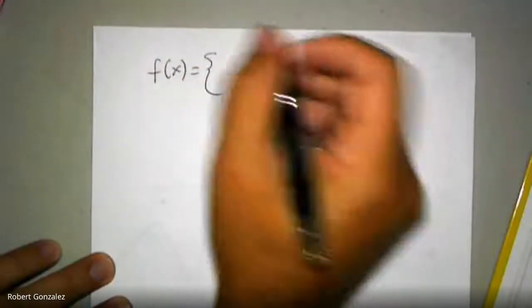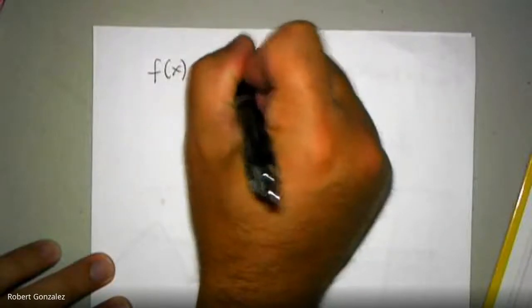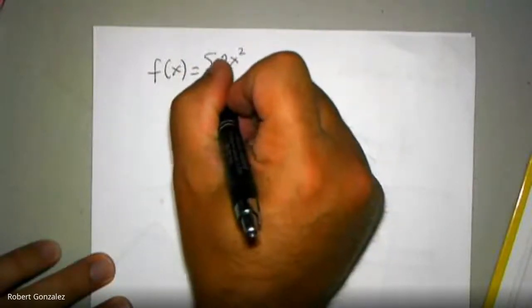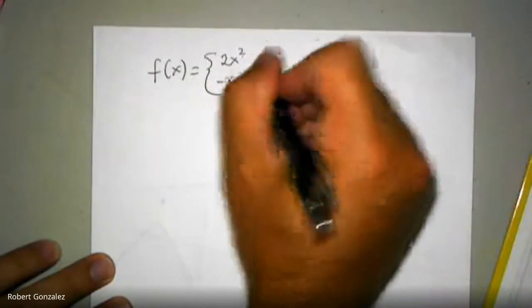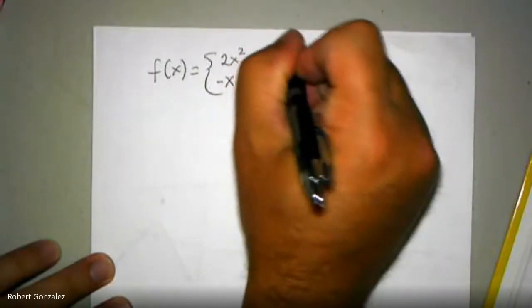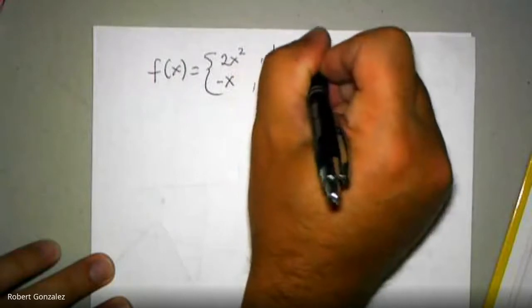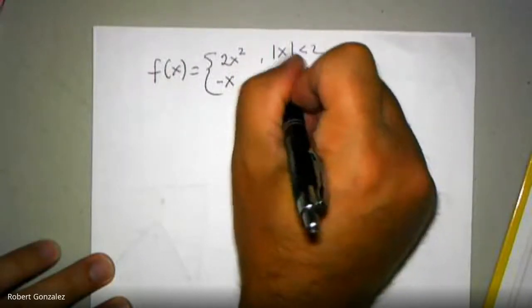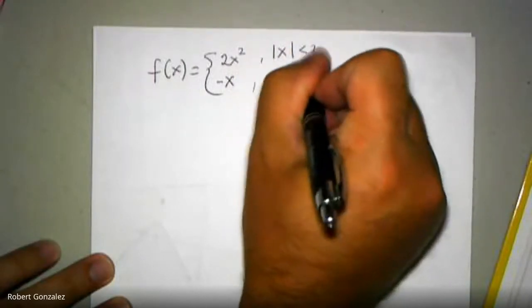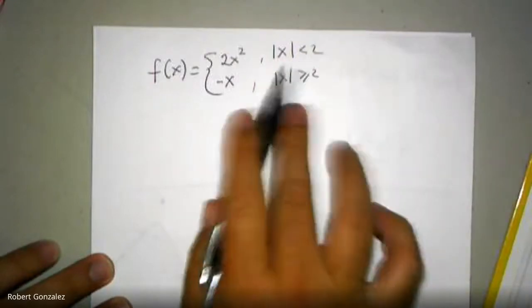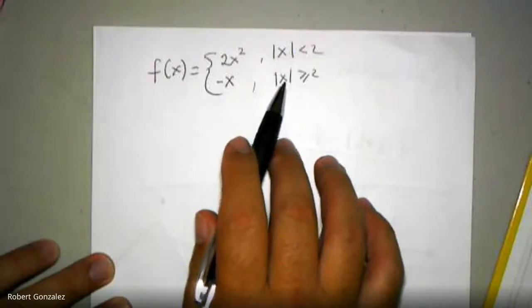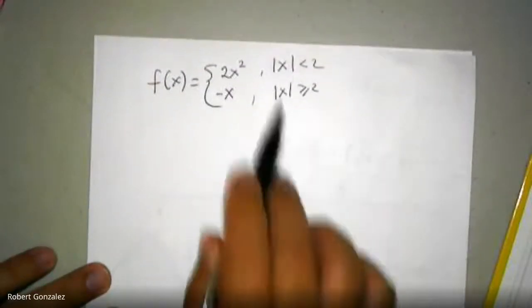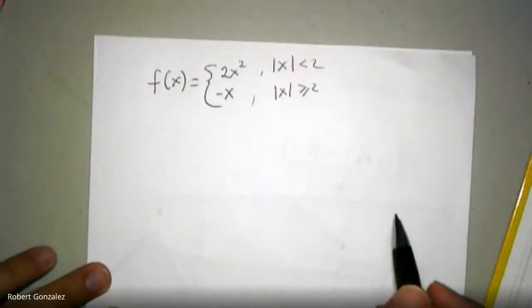So let's do f of x equals 2x squared and negative x. This will be when, ready? The absolute value of x is less than 2. And this is going to be when the absolute value of x is greater than or equal to 2. Now, it doesn't have to cover the whole number line, but this covers the entire number line.